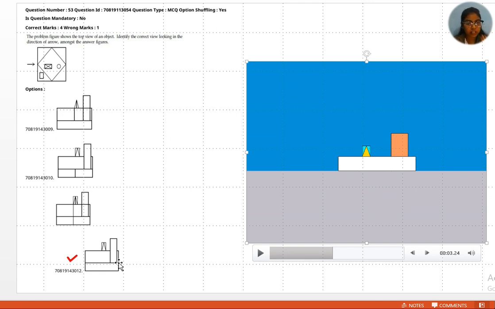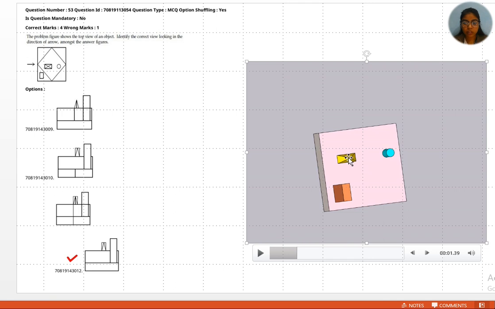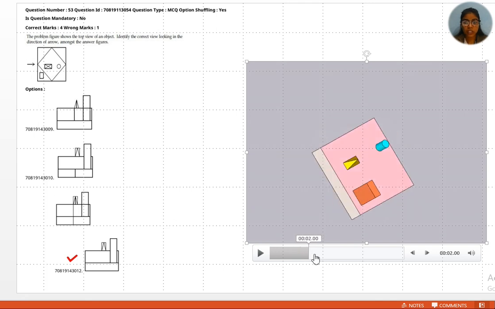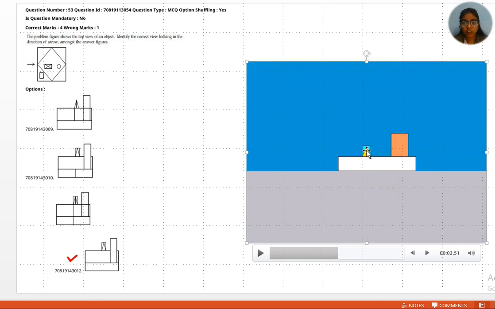So see, there are rectangles. Fine. After that, as you can see, this pyramidal structure, this one, has a cylinder kind of structure just behind it. So in the elevation, what you will get to see is a triangle and a whole cylinder, elevations in this manner. So now look at the options given to you.